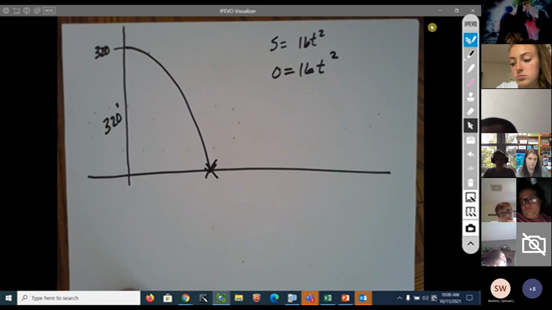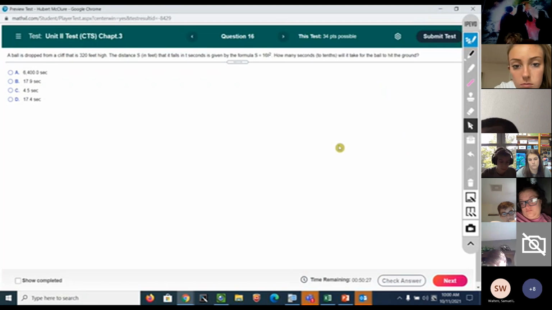Let me go back and read it. A ball is dropped from a cliff that is 320 feet high. The distance in feet that it falls in t seconds is given by the formula. How many seconds to the tenth will it take for the ball to hit the ground?